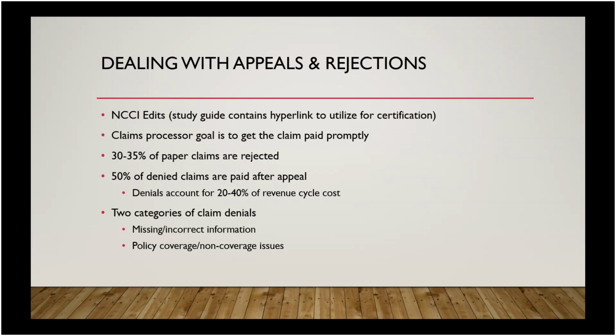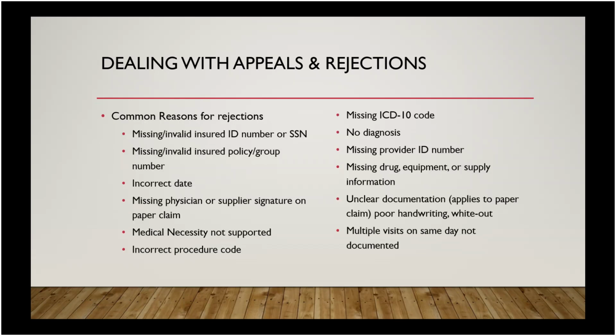You can find it on your end, which means we need to do those corrections, and then you can resubmit it. If it makes it through the rejection, the scrubbing portion, and it makes it to the carrier and they deny it, it is a denial at that point, but it could be for missing or incorrect information that wasn't captured beforehand.